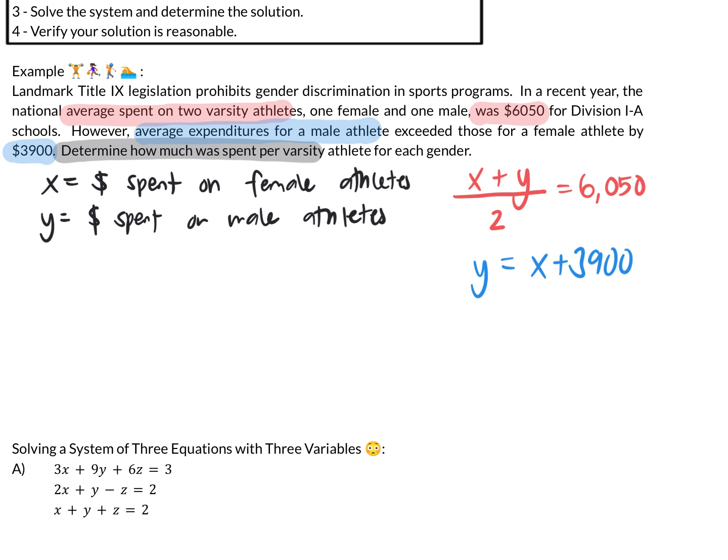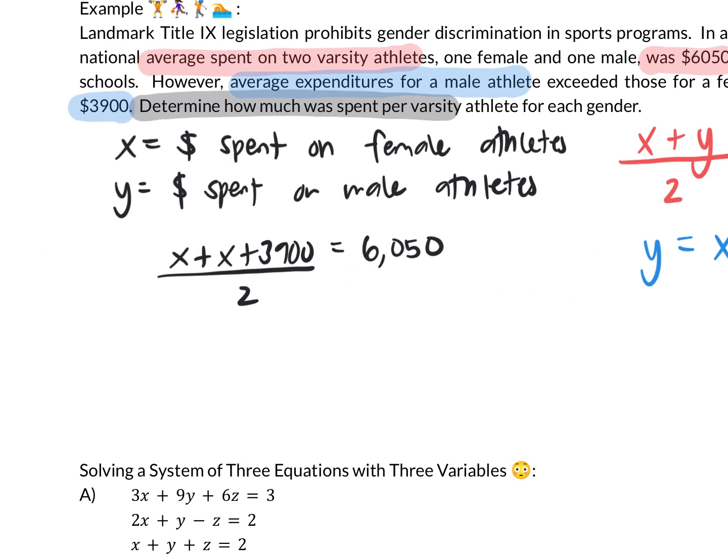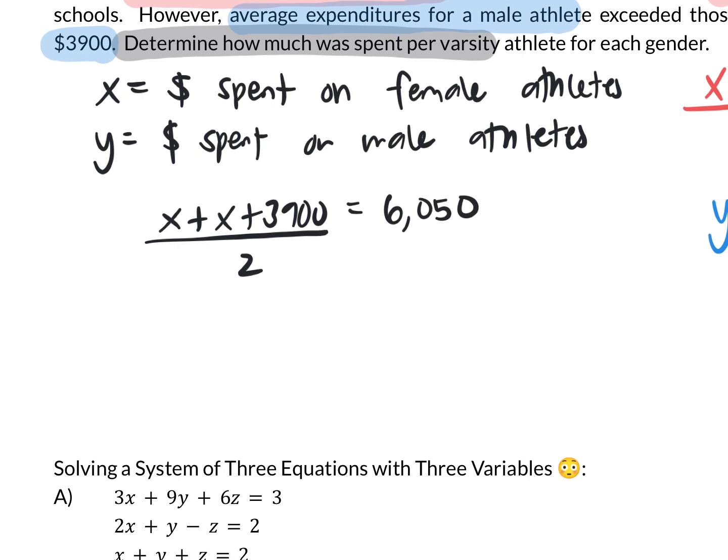Probably substitution there, right? So I'm going to plug in that X plus 3,900 for Y. And don't forget that divide by 2 piece. Okay, how do I undo divided by 2?